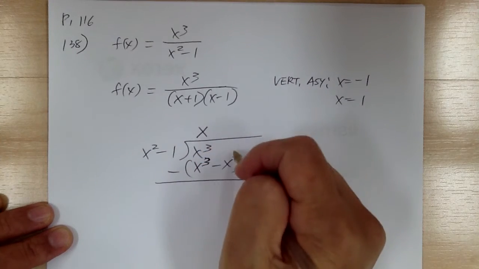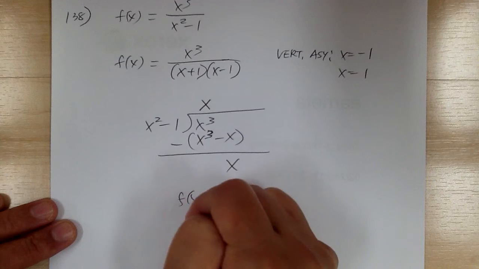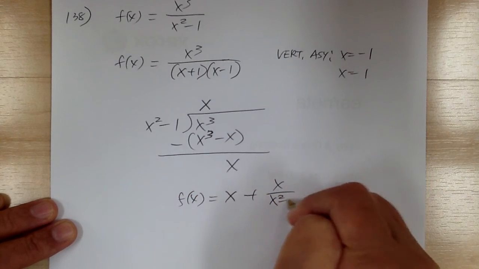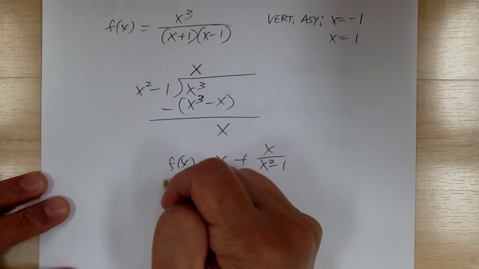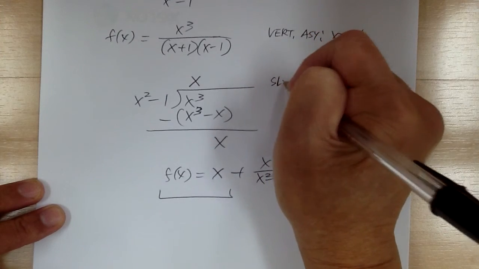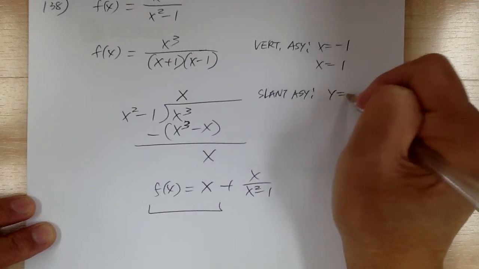You subtract, so this becomes x. So your f of x is equal to x plus x over x squared minus 1. This is the whole equation, but the slant asymptote would be this part over here, so the slant asymptote is y equal to x.